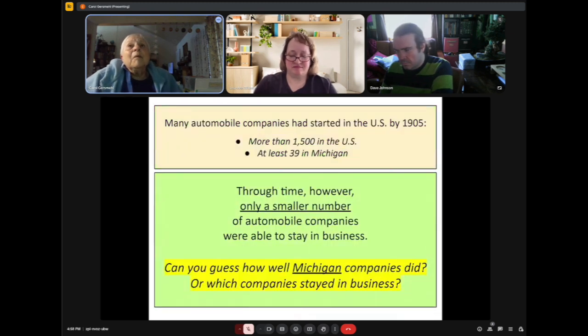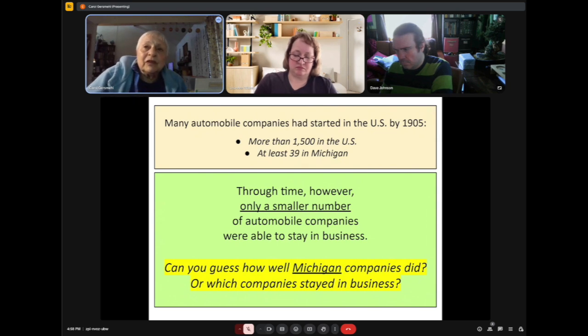Many other companies started in the US about the same time. In the books that I read, there are probably more than 1,500 companies, 39 of them in Michigan. But it turns out that only a small number of all these companies in the United States survived to actually manufacture lots of automobiles.